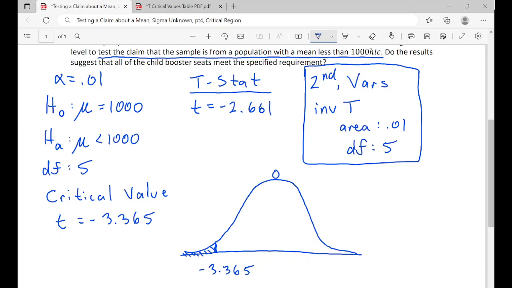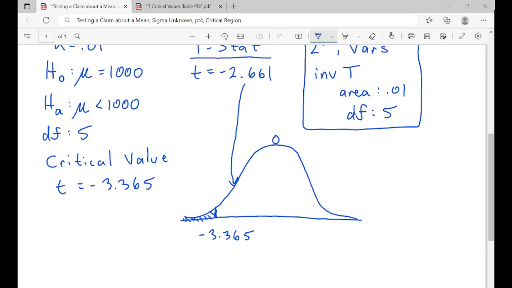Now negative 2.661, our test statistic, is going to be somewhere here. So it's definitely not in the rejection region. So we are going to fail to reject.